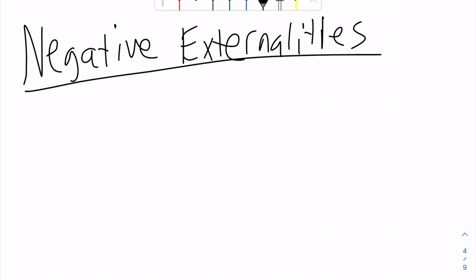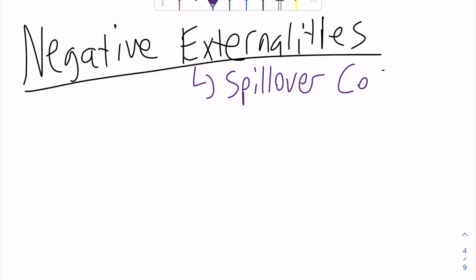Okay? So remember, externalities are either a spillover benefit or a spillover cost to society. So a negative externality would be a spillover cost.